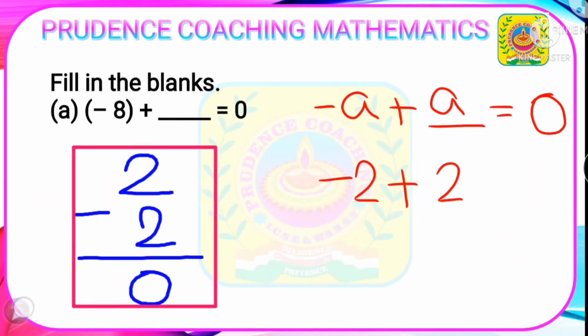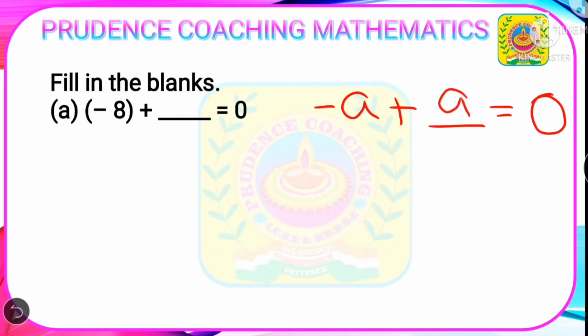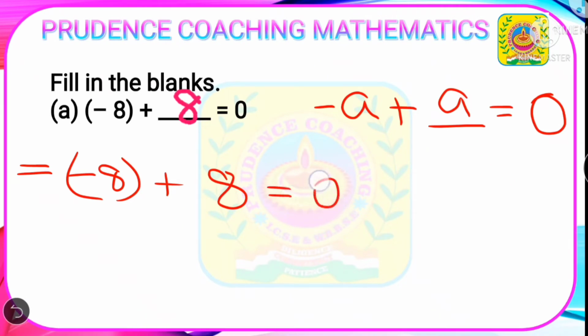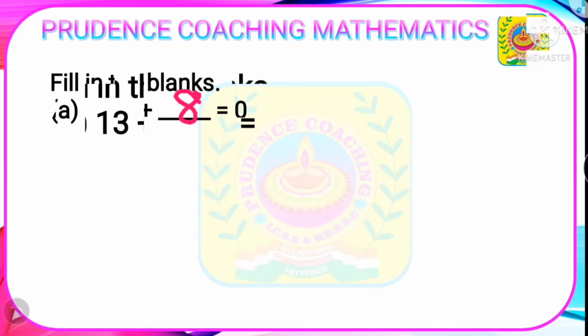So here, as you can see, a positive number and the same negative number, if we add, we are getting 0. Similarly here you can write minus 8 which is given to you plus 8 equals 0. So here the answer will be 8 or positive 8.